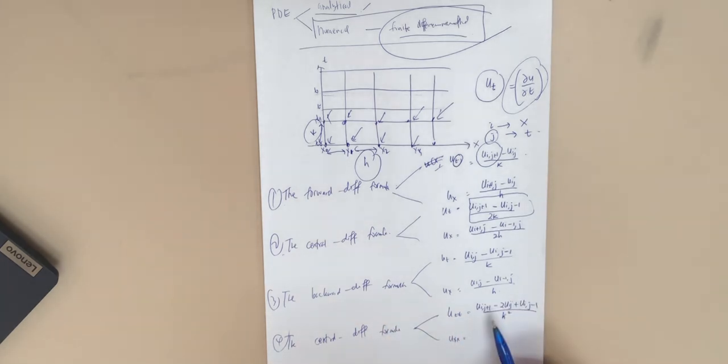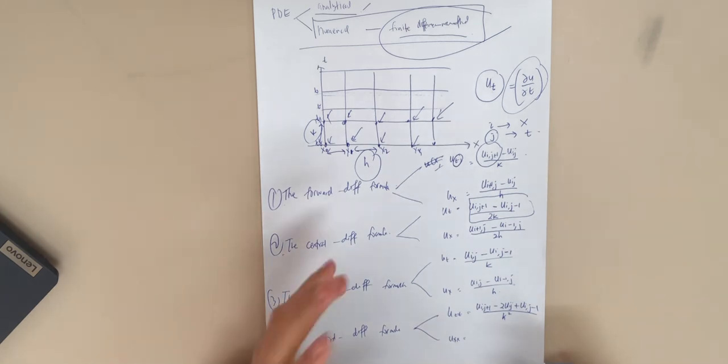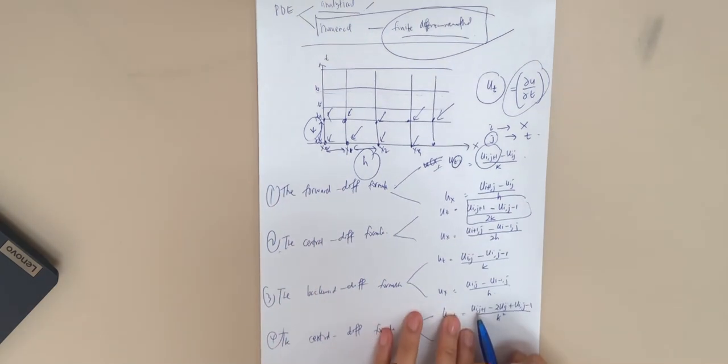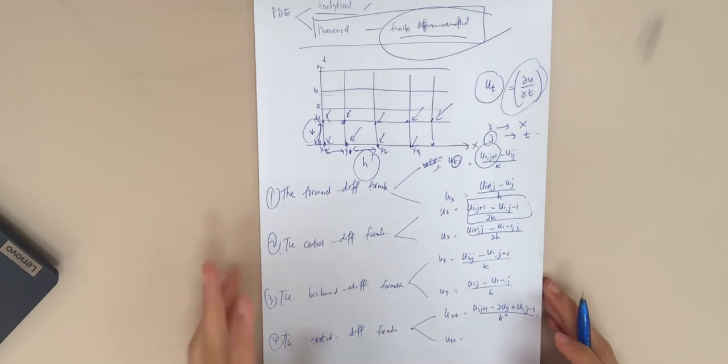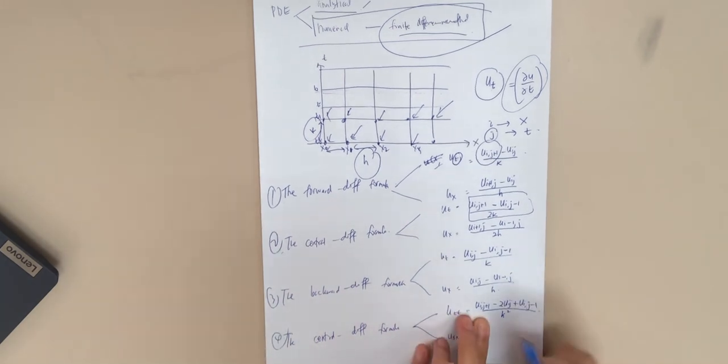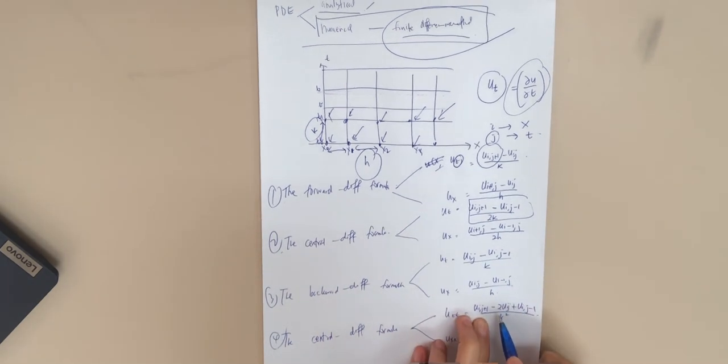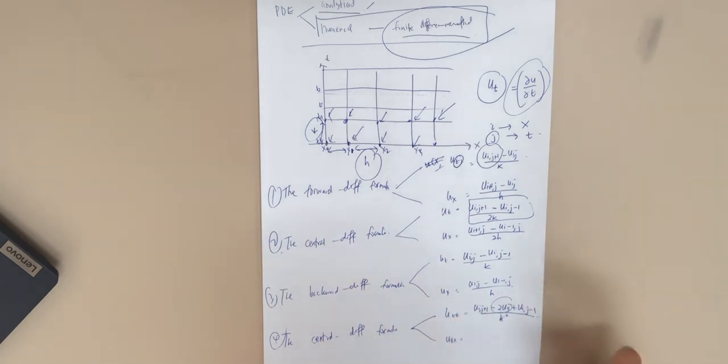Class, it still has the idea from the first order, where the first and the last terms are the combination of forward and backward. But now in the middle will be minus 2 u i j. Kalau tadi for first order tak ada pun yang middle ni, but now for second order, it's different. They have a minus 2 u i j.